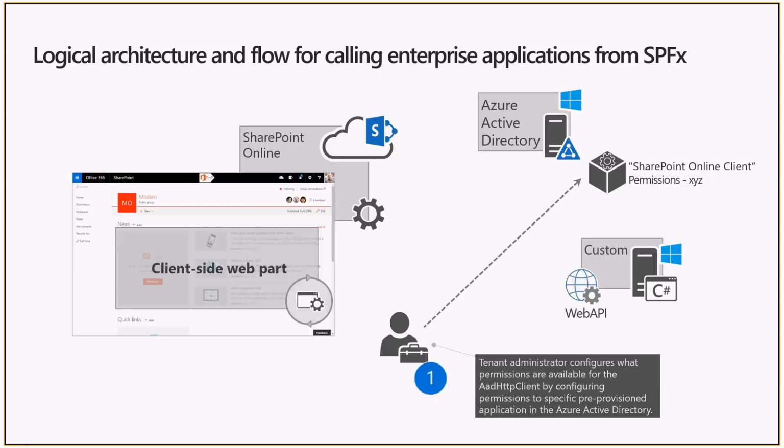Now, when you implement a SharePoint Framework web part which wants to call that custom web API or enterprise application, that client-side web part or extension can request an access token from Azure Active Directory, given the permissions the tenant administrator has given, and then with that access token, the client-side web part can call that custom web API, which is hosted in Azure in this case.